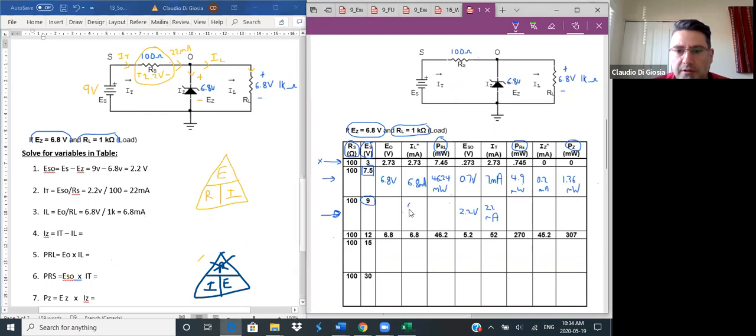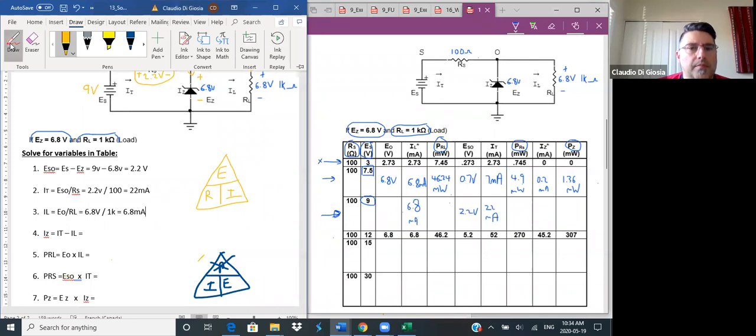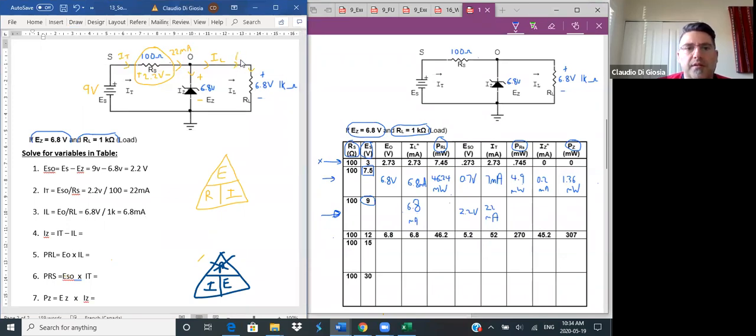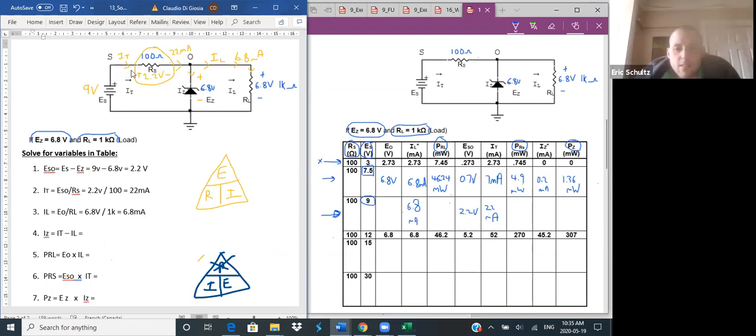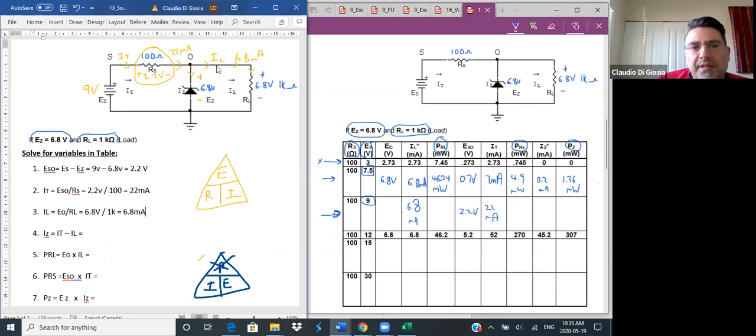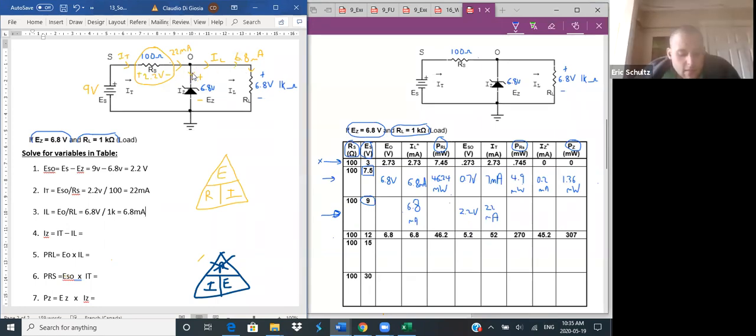So we're going to write IL here, 6.8 milliamps, and write it here as well. This is going to help us solve for IZ. So IZ, if I'm supplying 22 milliamps, that's IT, and this branch here is taking 6.8, then the remainder will go to IZ.